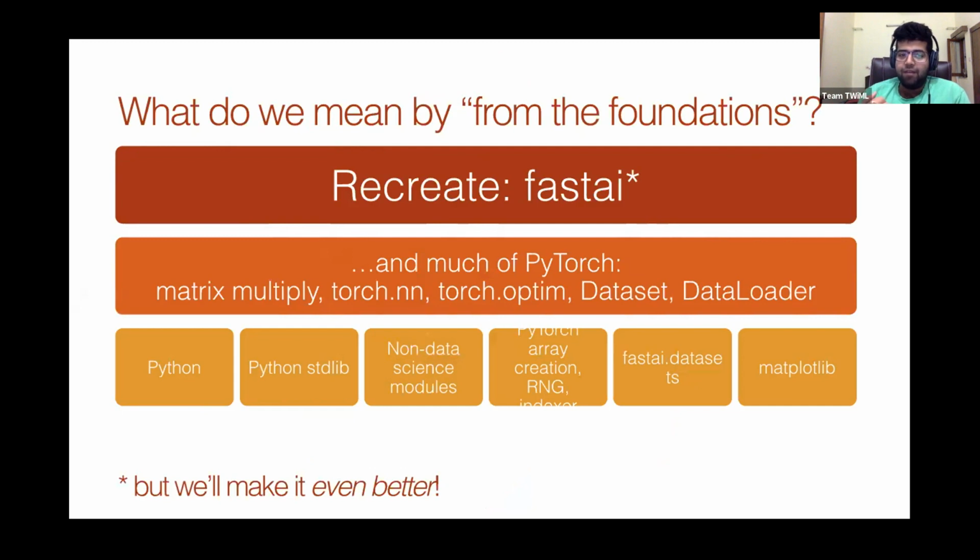We're allowed to use Python and its standard libraries. We're allowed to use non-data science modules, so that excludes pandas, numpy, and the sister libraries. But we're allowed to use PyTorch for array generation and PyTorch's helper functions. We're allowed to use Fast.ai datasets, and we're allowed to use matplotlib while doing this experiment to recreate Fast.ai.